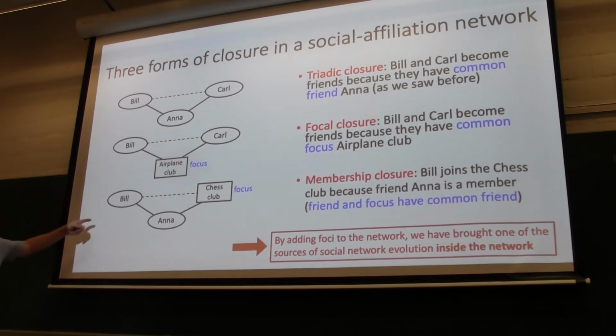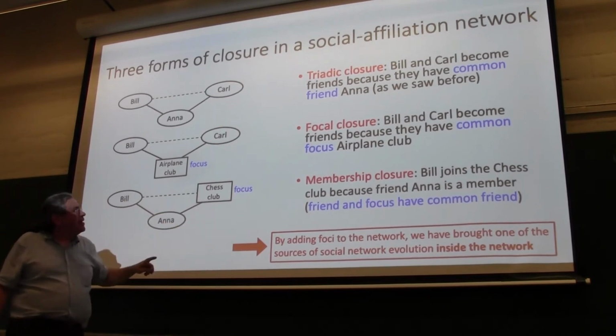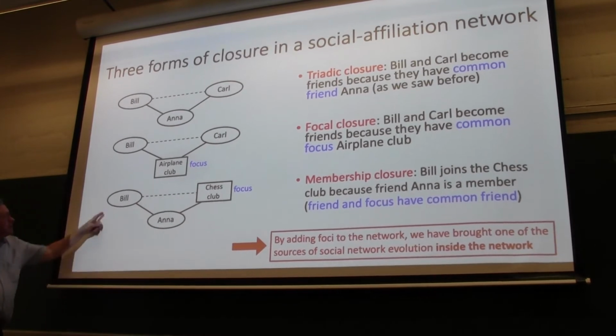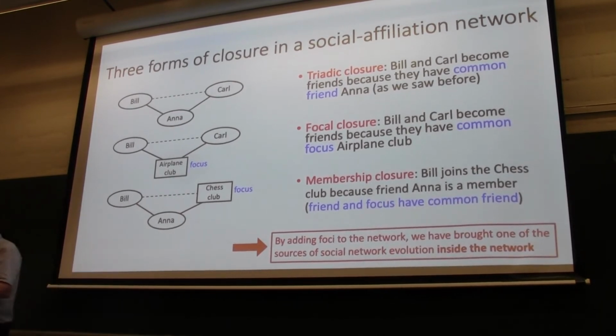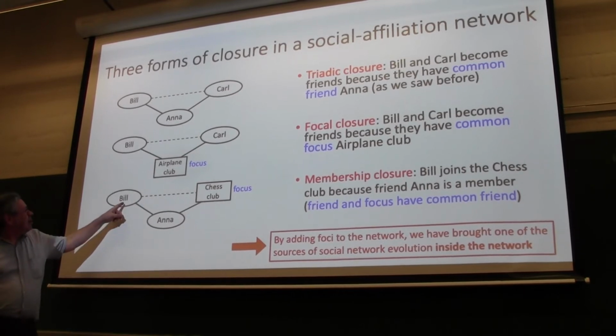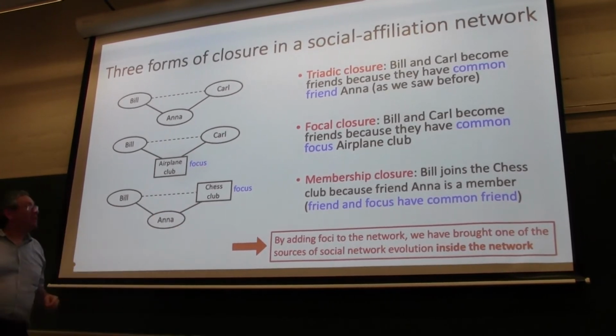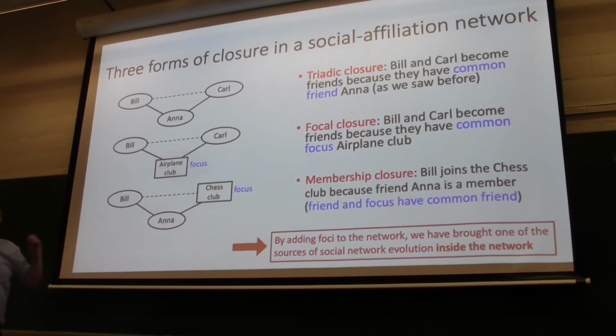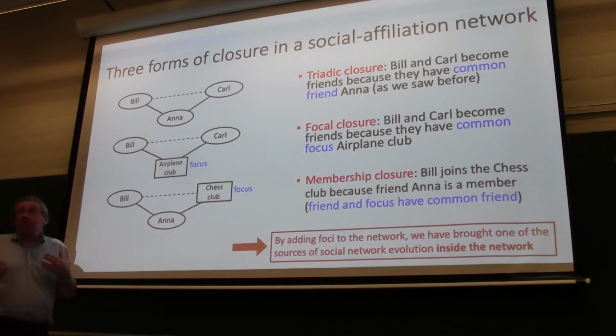And then we have a third one. This is called membership closure. This is when people add new foci, okay? So Anna is in the chess club, and Bill is a friend of Anna, so Anna says, hey, come to the chess club, we'll play chess. Bill says, yeah, okay, but only if you let me win, or something. But Bill joins the chess club, he likes it. And so Bill has a new focus. Ta-da! This is called membership closure. If we didn't have this node, then nothing would happen.